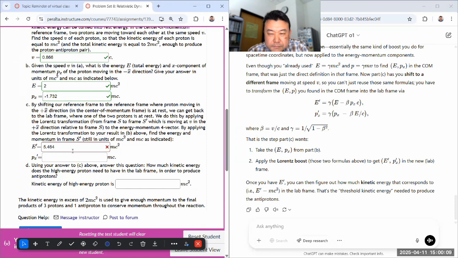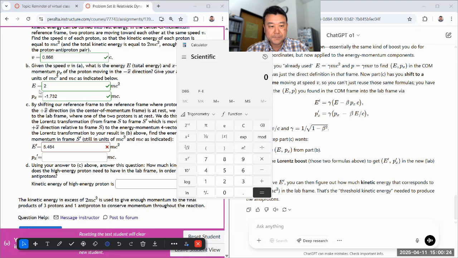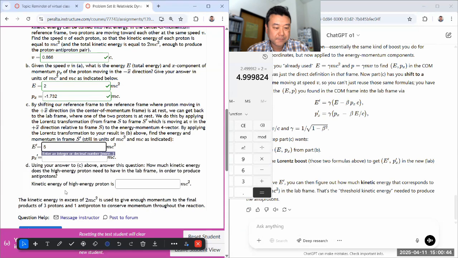No. Why not? Oh, I had to multiply beta to that. So sorry. Okay, this is outside of what I can do in my head, because that's the momentum, 1.732. I have to multiply that by beta 0.866, and then add 1.732 times 0.866 to 1, and then times 2. Oh, I guess this must be just 5.